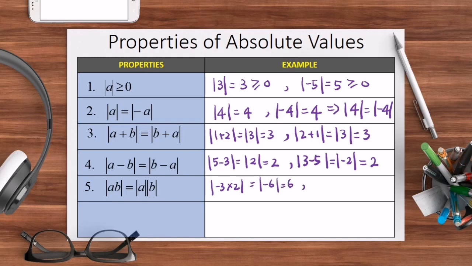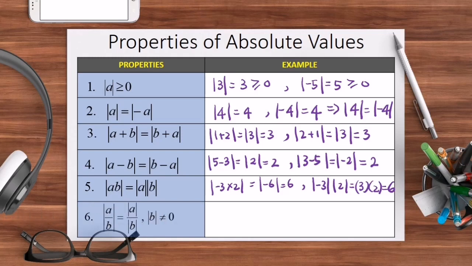If we want to find absolute value of negative 3 multiplied by absolute value of 2, absolute value of negative 3 is 3, multiplied by absolute value of 2 is 2. So then we get 6. So then we can conclude that absolute value of negative 3 times 2 is equal to absolute value negative 3 multiplied by absolute value of 2.